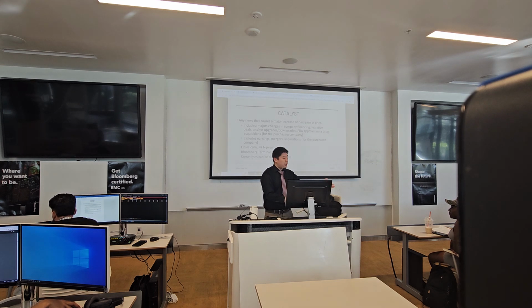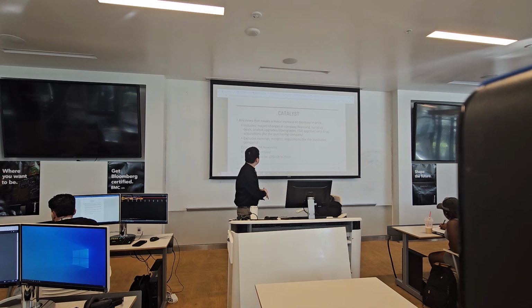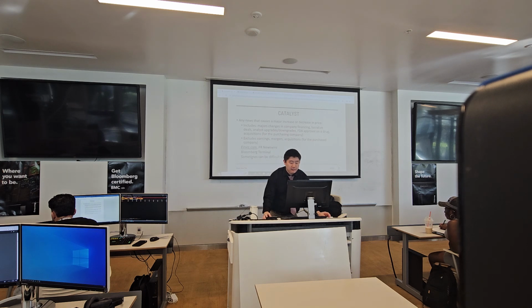Okay, so to answer your question, we're going to go to what aggressive, high-risk traders use for picking their stocks. You use a catalyst. A catalyst is any kind of news that causes a major increase or decrease in price. They include major changes in company financing, lucrative deals, analyst upgrades, downgrades, FDA approval, like I just mentioned, or acquisitions.